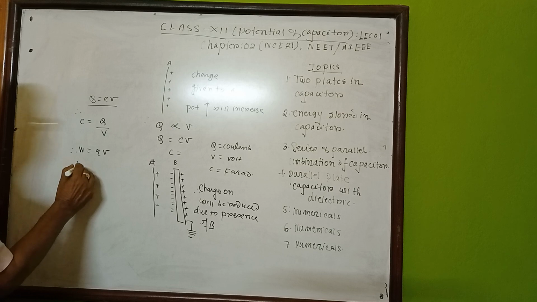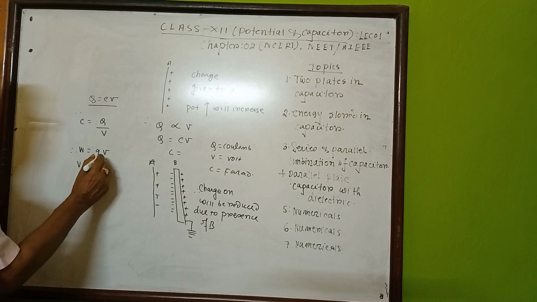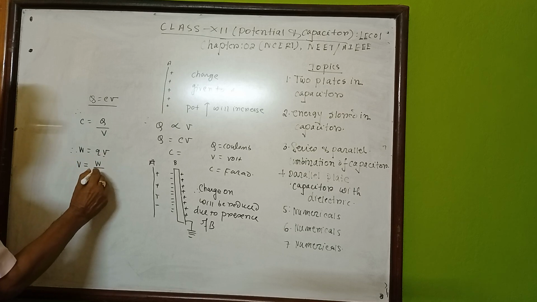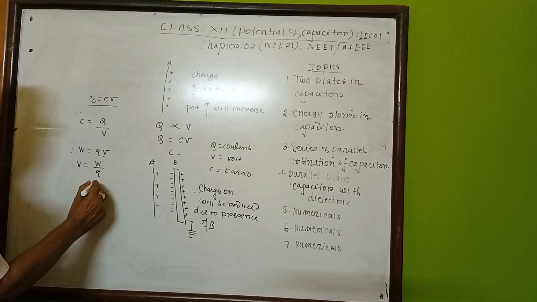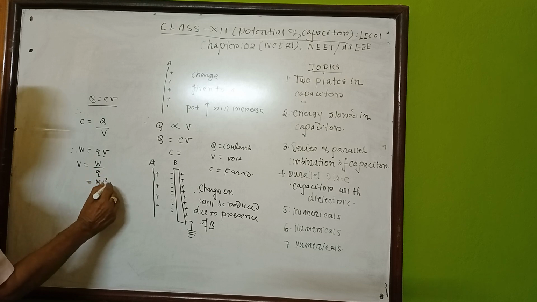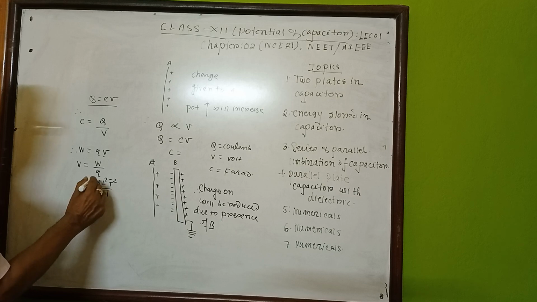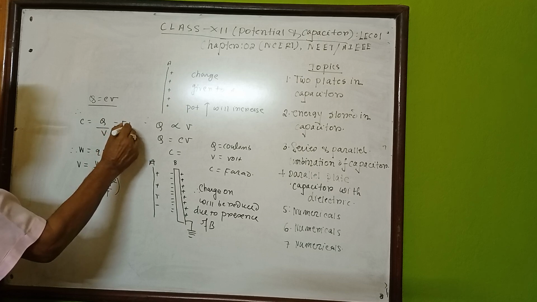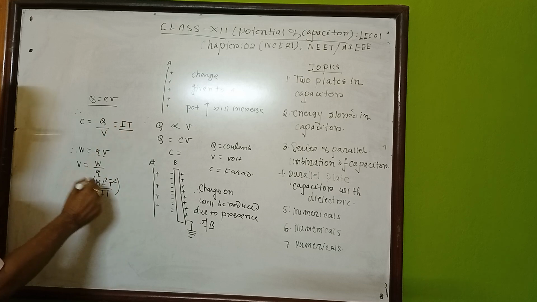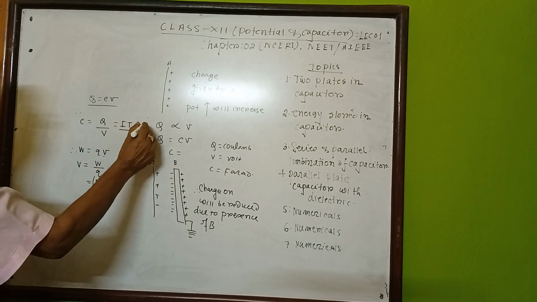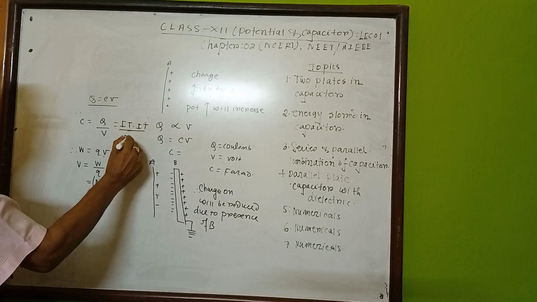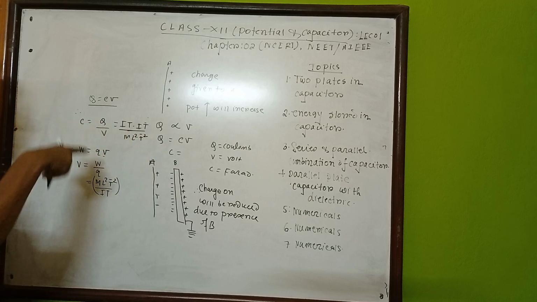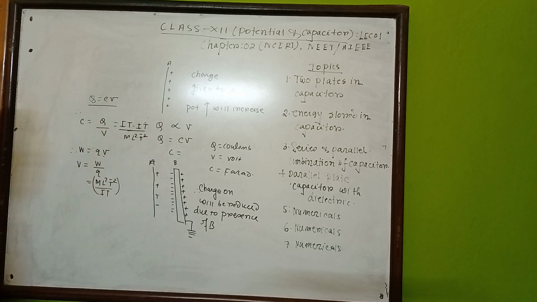So you get the dimension of V as work dimension by Q. Now W is M L square T to the power minus 2, and Q equals I into T. So 1 by V means I into T by M L square T to the power minus 2. In that way the dimension of capacitance can be calculated.